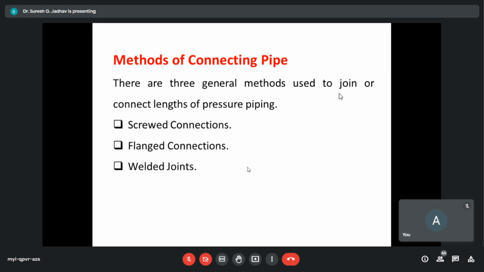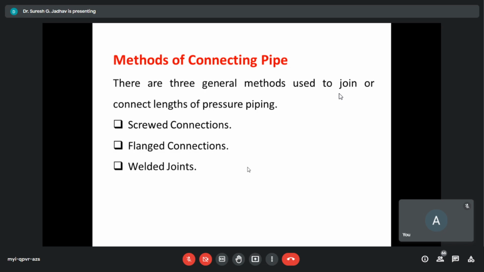Considering material, time, and economic factors, it is slightly time consuming and expensive. Therefore, gaskets are usually used between flange faces. That is the reason why we use gaskets between the flange faces.